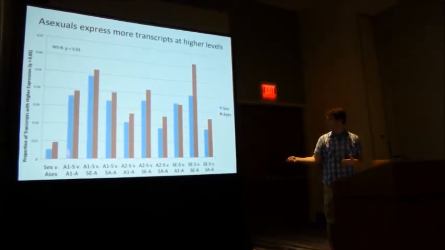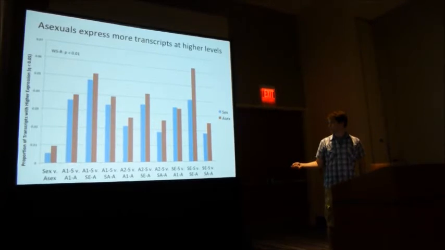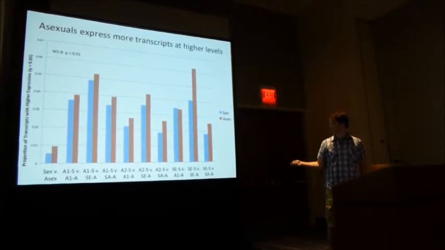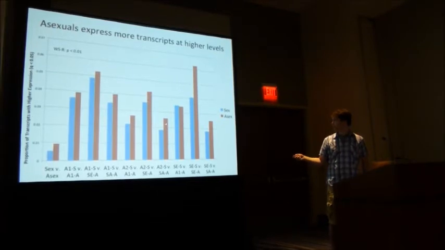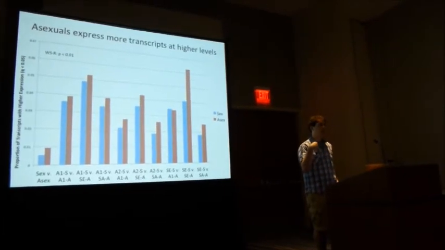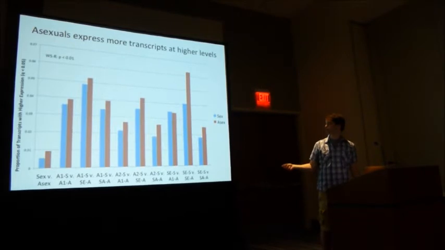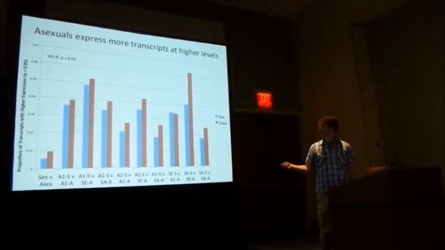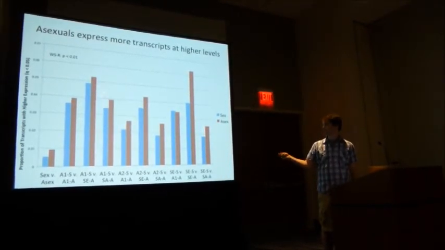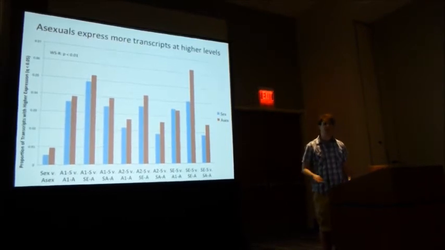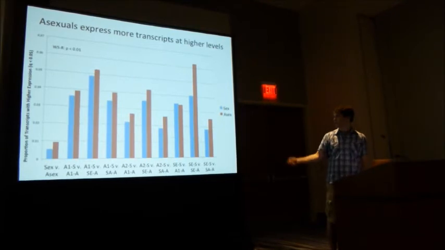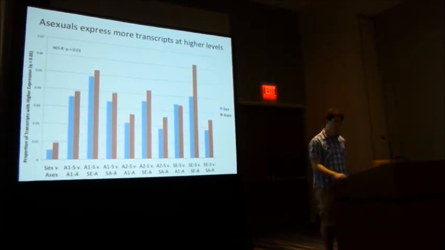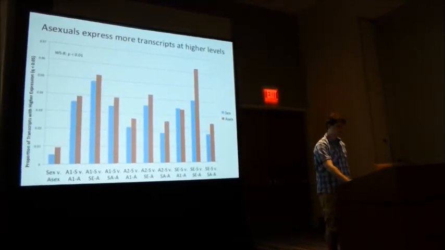So what we have here are each possible comparison of a sexual to an asexual lineage, and we see that generally the asexuals have more transcripts that are expressed at a higher level than the sexuals, and all these transcripts in these sets were expressed significantly higher. And this pattern is significant with the Wilcoxon signed-rank test.